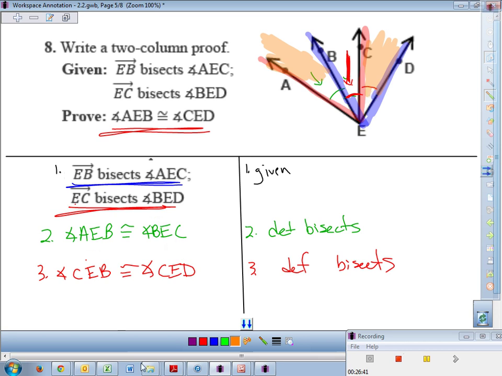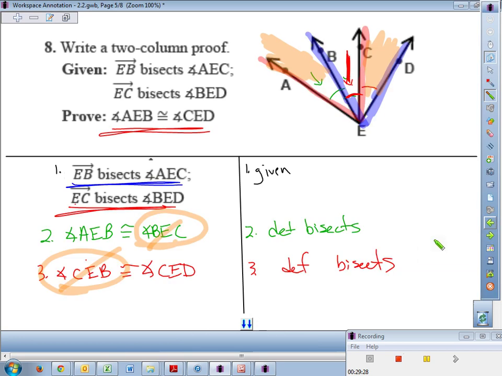Something's supposed to be in common, but it sure as heck doesn't look like I have anything in common. What do I have in common? Isn't this dude and this dude the same thing, really? Isn't E in the middle and B and C are the other 2 letters, right? So even though I didn't write them the same way, they're still the same thing. They can be canceled out, and we write the leftovers congruent to each other. That's not what I want to do.